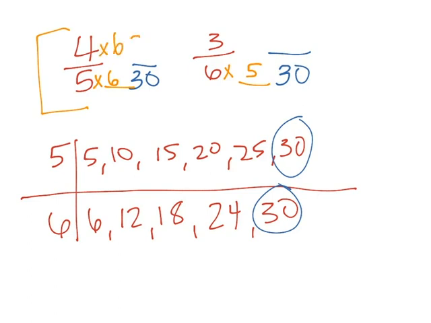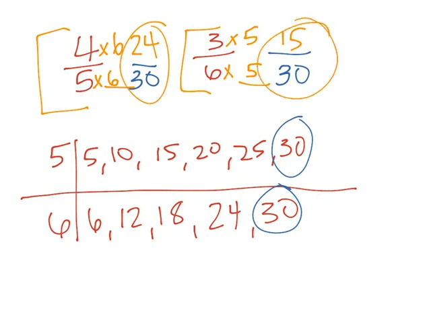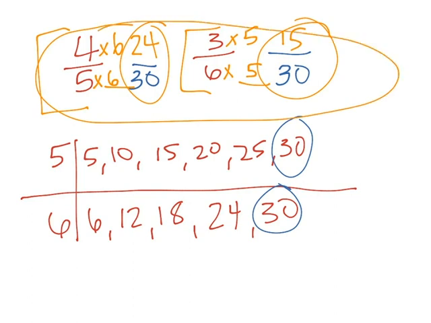So 4 times 6 is 24. Now I'm going to look at this fraction here. 6 times 5 is 30. Well, 3 times 5 is 15. So my new fractions are 24/30ths and 15/30ths. These are equivalent: 24/30ths is equivalent to 4/5, and 15/30ths is equivalent to 3/6. So those are the fractions that I can use to add or subtract.